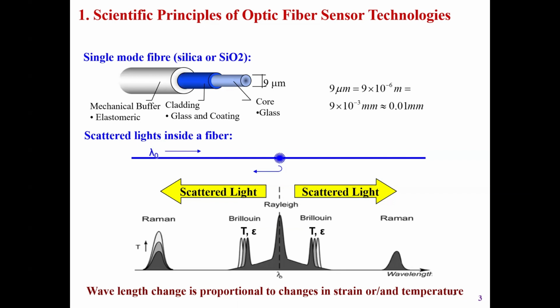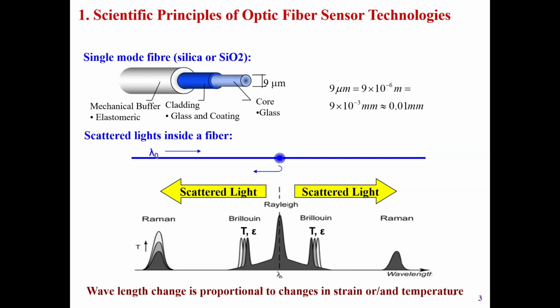If you input a light into the optic fiber, the light and the fiber will have interaction, interference, and will generate scattering light. I tell my students it is similar to a pipe. The water flowing in the pipe will have some friction with the pipeline, generating some micro waves. Maybe you don't see it, you don't care.